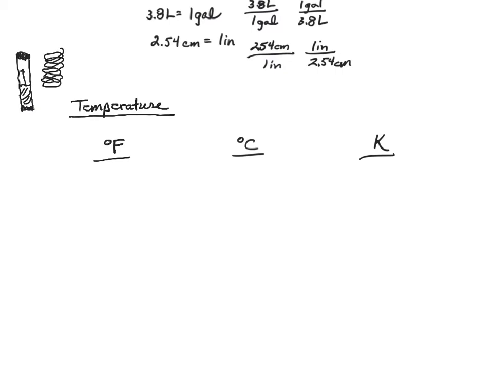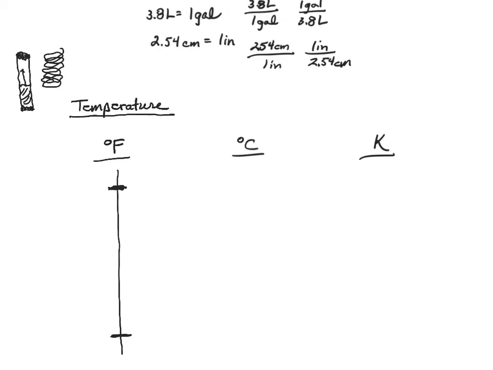Now, the problem was, how do you relate the distance that the liquid travels to the actual temperature? Well, they decided that they would create a scale, and there would be two reference points, a low temperature reference point and a high temperature reference point, where both the reference points could be rather easily obtained in the laboratory and with a fair amount of accuracy.